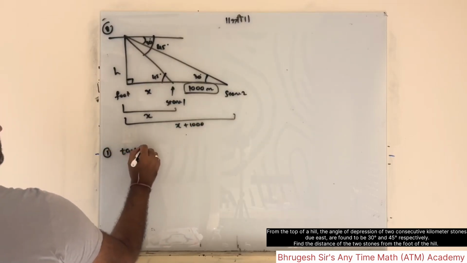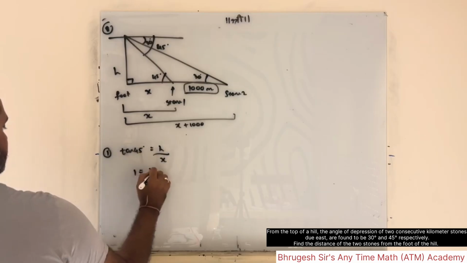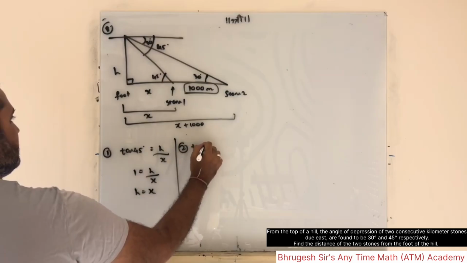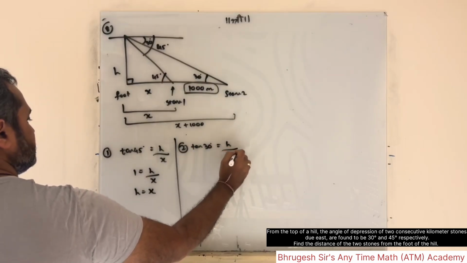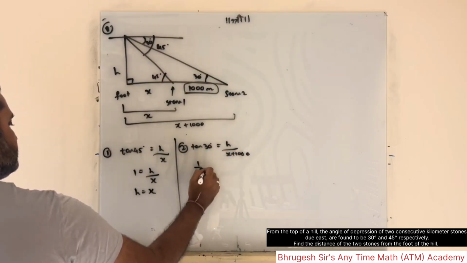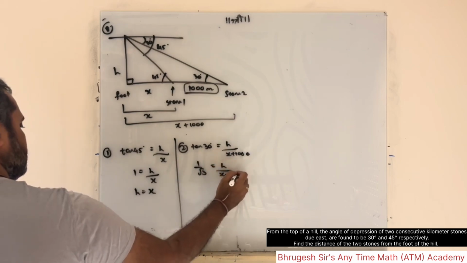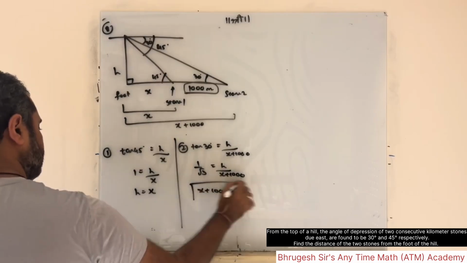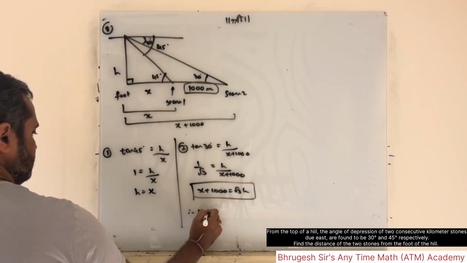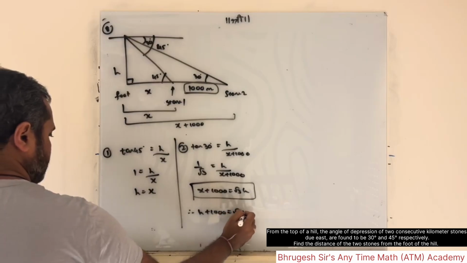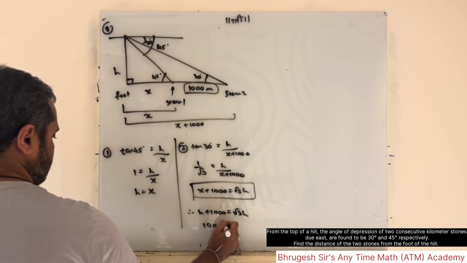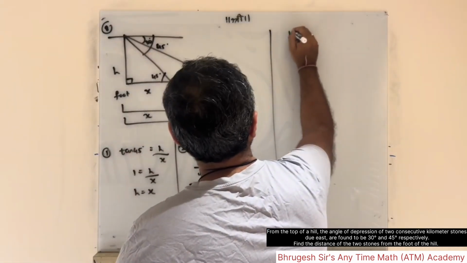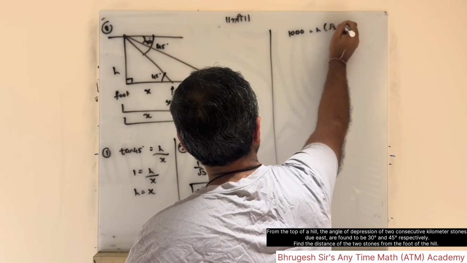So tan 45 degrees is h upon x. So h is x. Second, tan of 30 degrees is h upon x plus 1000. So 1000 is equal to h times root 3 minus 1.